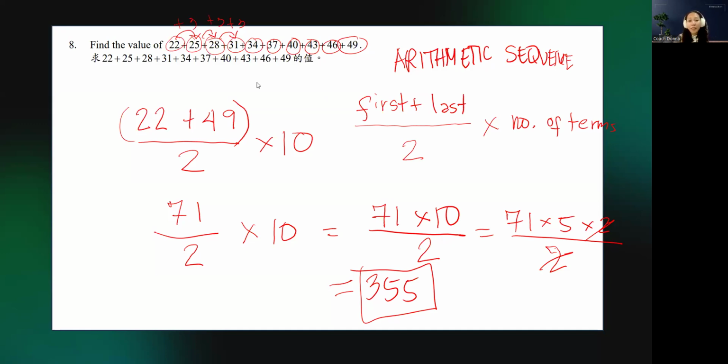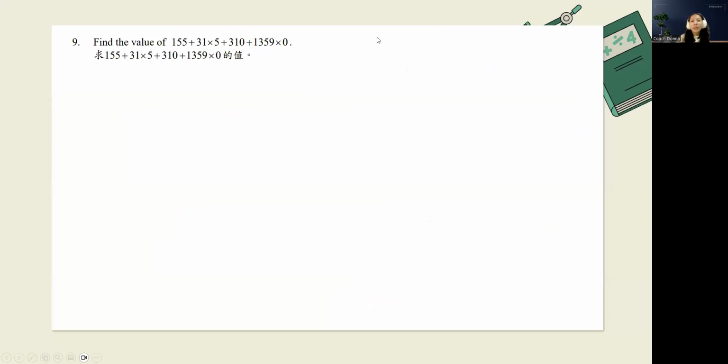Let's have number 9. Okay, for number 9, we need to find the value of 1,359 times 0.